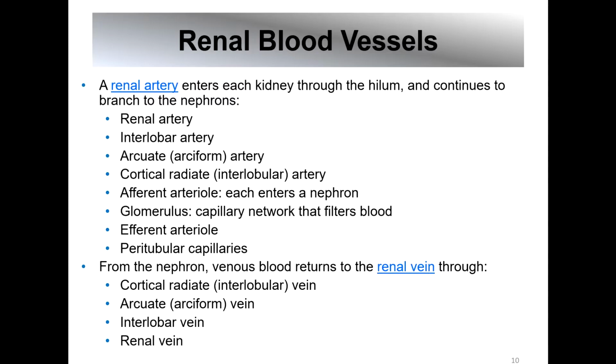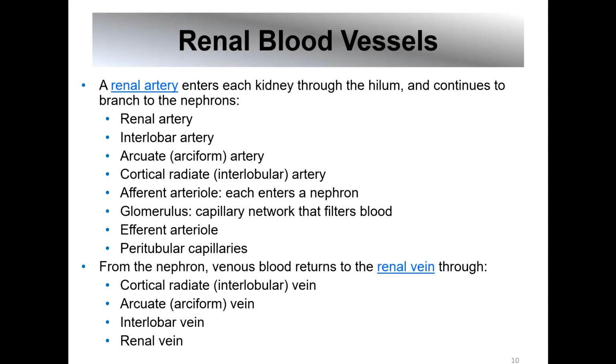From the nephron, blood returns to the renal vein through the cortical radiate veins, then down into the arcuate or arciform veins, then down into the interlobar vein, and finally the renal vein. And so you can see the names are the same. Basically, we're just flowing in the opposite direction.